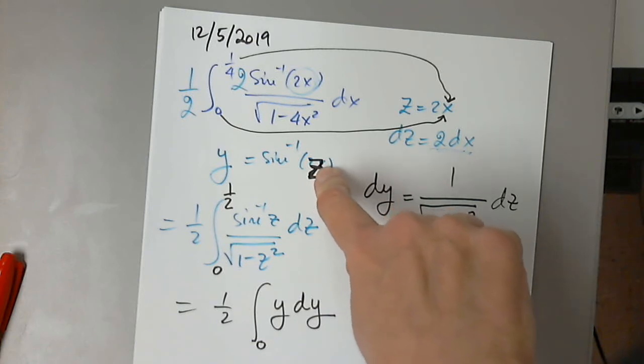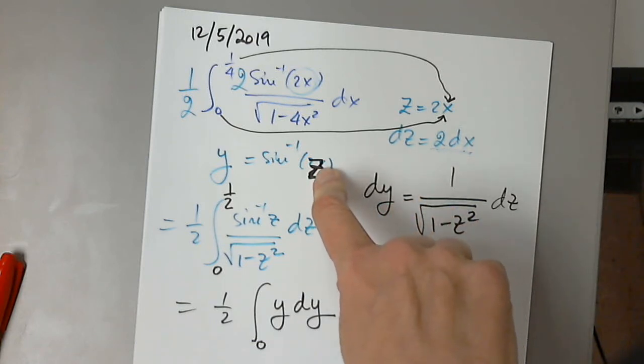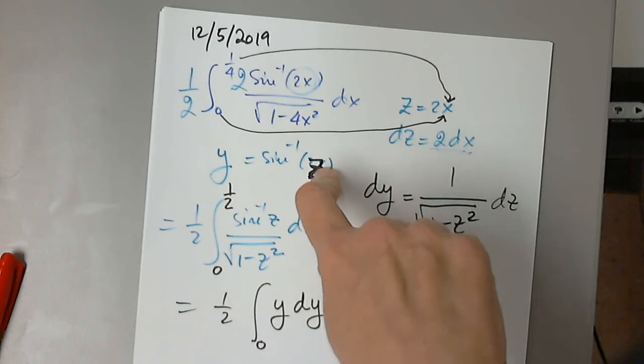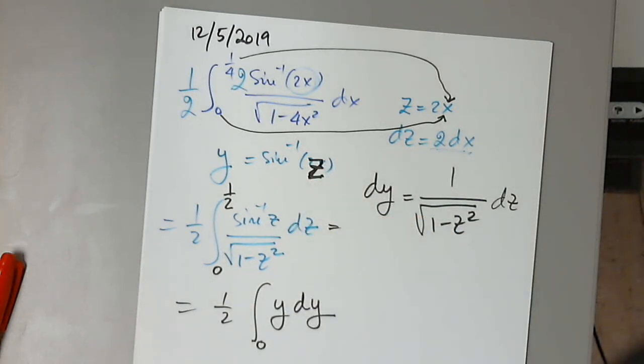He already told us, Noah. z goes from 0 to 1/2. So when z is 0, sine inverse of 0 is 0 radians. When z is 1/2, sine inverse of 1/2 is pi over 6. Pi over 6, 30 degrees. But I have to use pi over 6.